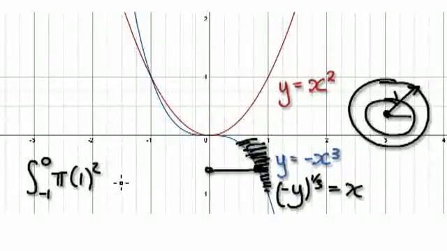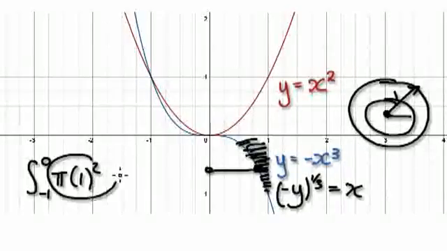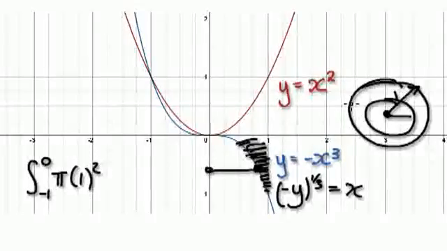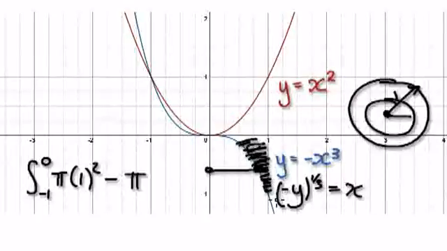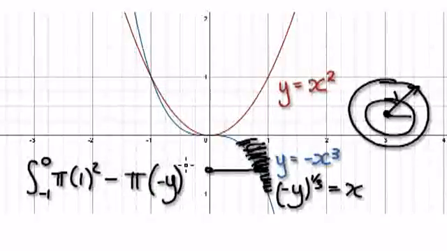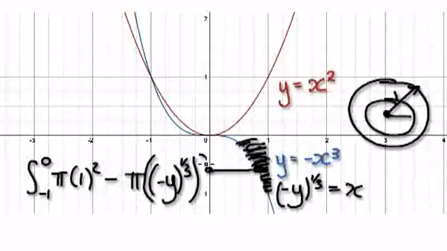This is the area of the big circle, which is this big bit. Take away pi times the radius of the small circle, which is this thing here. Don't forget, it is y that's moving about, and the radius would be this, minus y, and then we square it.